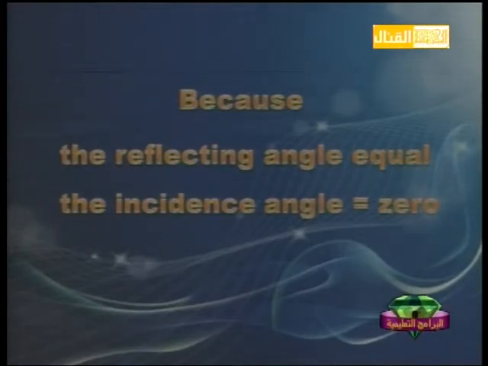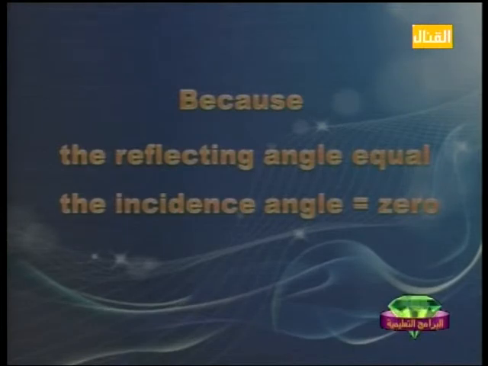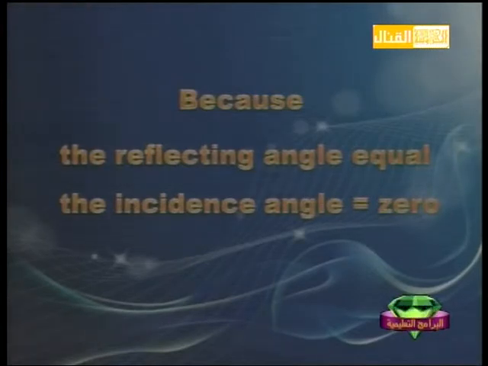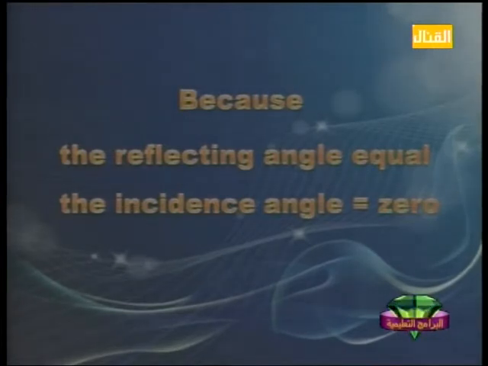Why? Because the angle between the normal line and the incident light ray equals 0. The light ray falls on the normal line, in the same direction. So here we have: because the reflecting angle equals the incident angle, which equals 0.